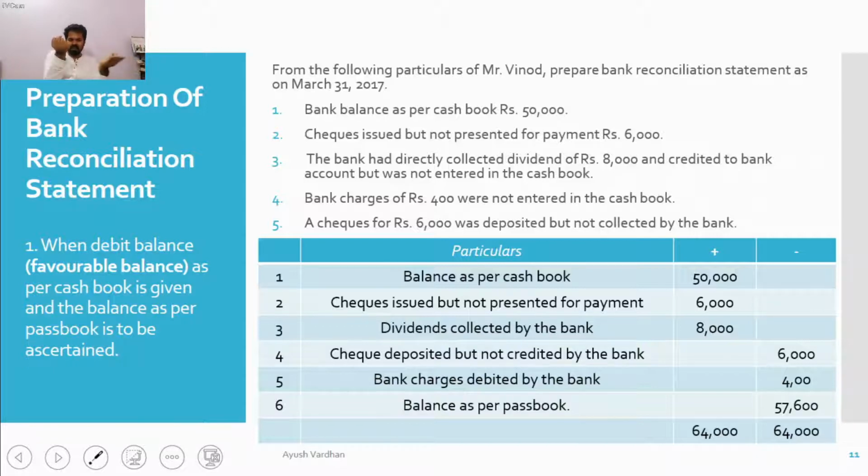Okay, in the bank passbook, the bank is immediately charging the 400 rupees. Okay, and your cash book doesn't know, so you are not putting any entry in the cash book, but there is a minus 400 entry in the passbook.